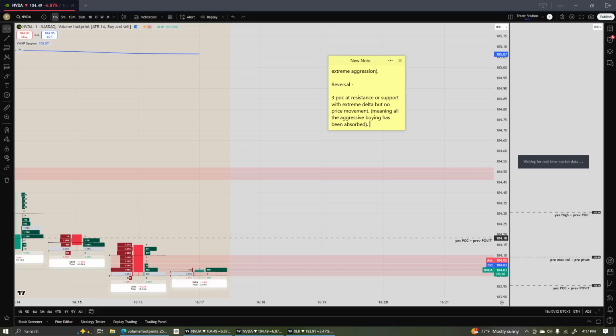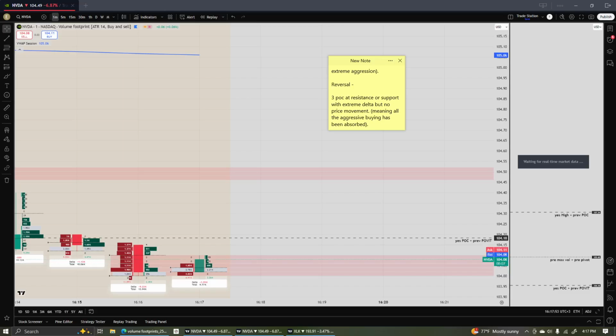If I want to short, I'm going to look for three POCs at 106 or 107 or 105.5, and no matter how hard the buyers try to push the stock, despite being aggressive, the price is not going up. That means all their buying is being absorbed. So that would show that the price might reverse now.